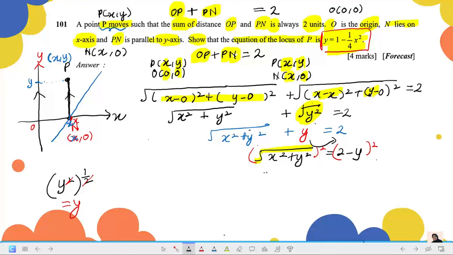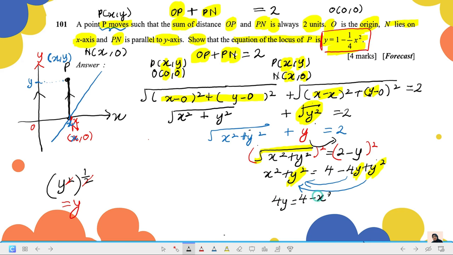When we square, it becomes like this. You expand as usual: 4 minus 4y plus y squared. Only then do you think about making y the subject, so you group all the y together. Finally we bring y to the left, leaving 4y equals 4 minus x squared.